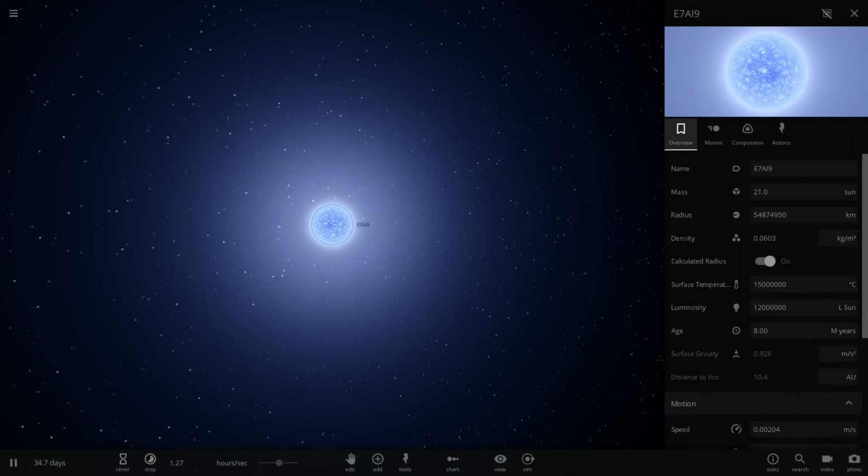That's 15 million degrees. If we find a star that is hotter than that, I will fall off my chair. I will just stop functioning. I won't even be able to talk.